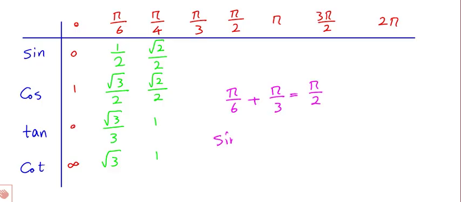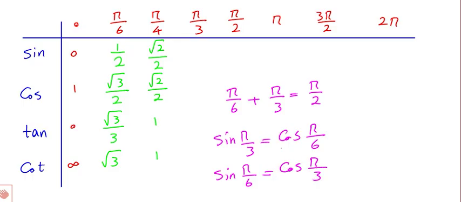So, sine of pi over 3 is equal cosine of pi over 6, and sine of pi over 6 is equal cosine of pi over 3. And tangent of pi over 3 is equal cotangent of pi over 6, and cotangent of pi over 6 is equal tangent of pi over 3.